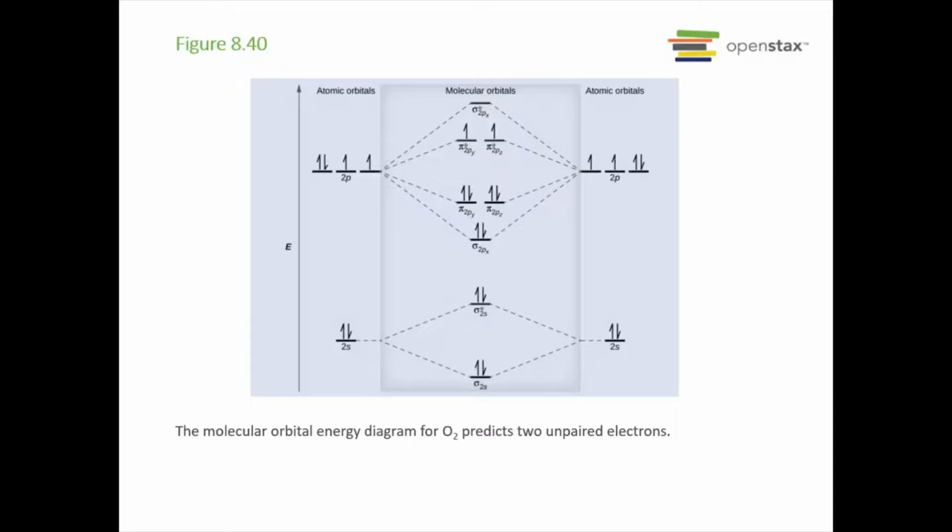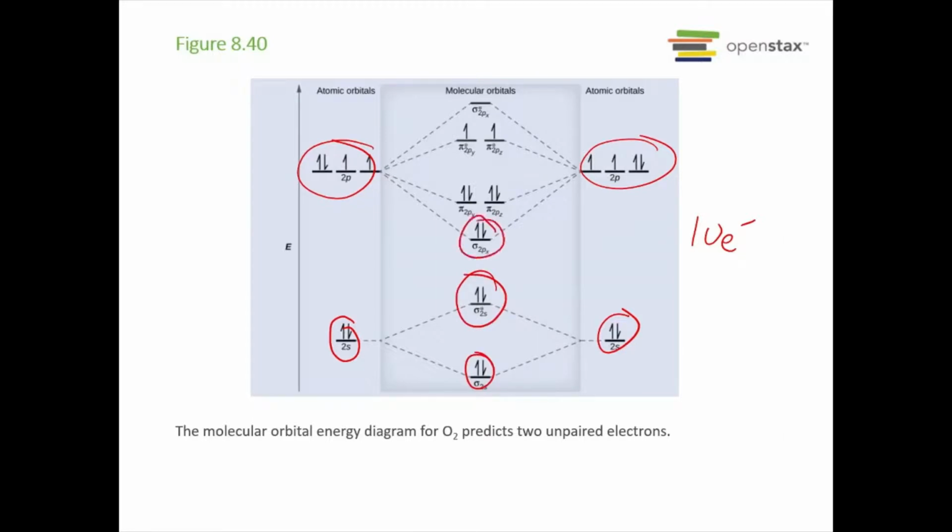Here is its molecular orbital diagram. So we have two oxygens, and looking at their valence electrons, we have 2 electrons in the 2s and then 5 in the 2p atomic orbitals. And then we combine to make our molecular orbitals. We start by filling up the sigma 2s. So we have a total of 12 electrons. So 1, 2, and then we go up to sigma star, 3, 4, sigma px, 5, 6.